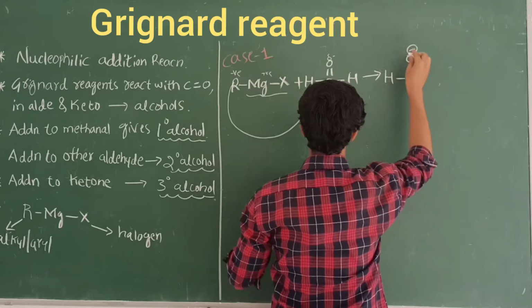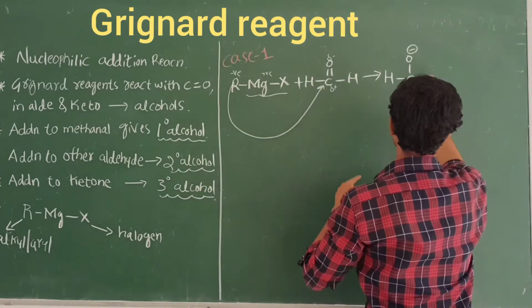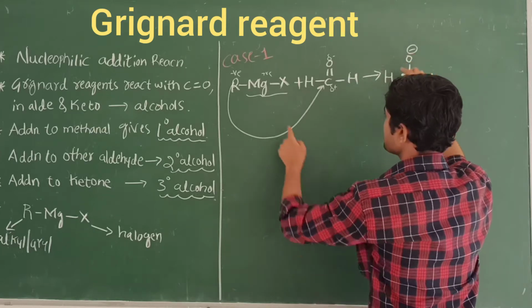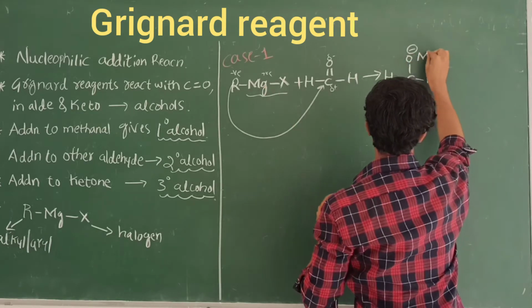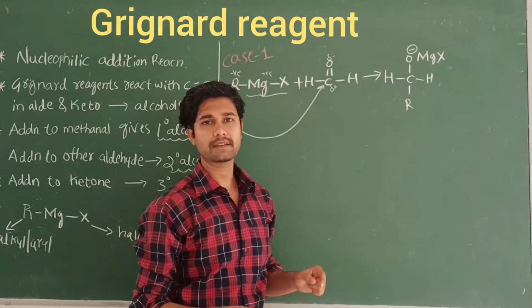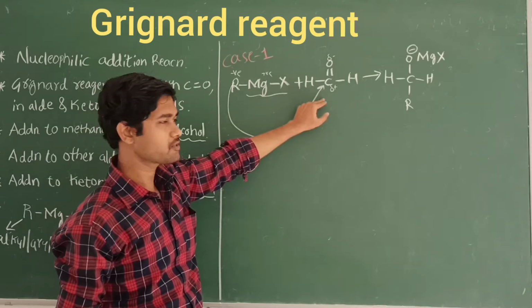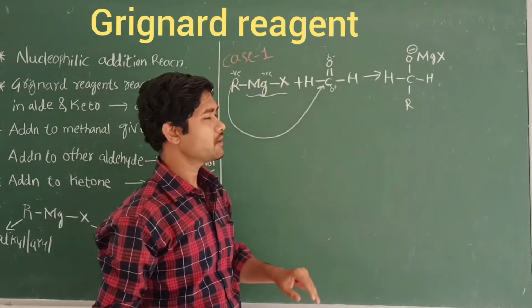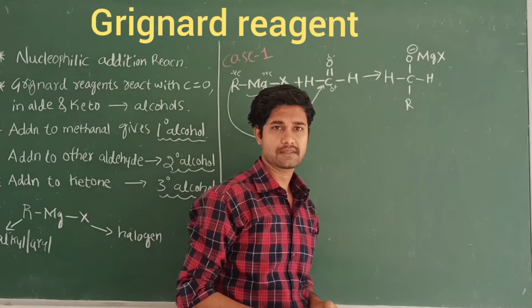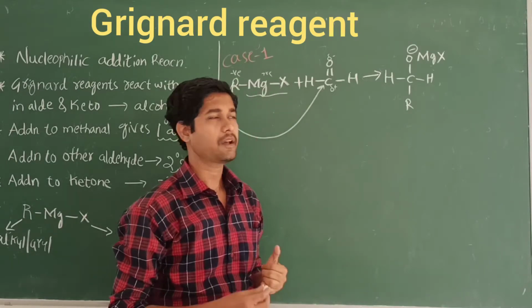we get HCO minus, and the R group comes and attacks here, with the remaining as it is. This O minus and the positive charge become OMgX. This is called the intermediate step. The nucleophile attacks the carbonyl carbon, giving this intermediate compound. On further hydrolysis, when we treat with water, HOH, we obtain the primary alcohol.